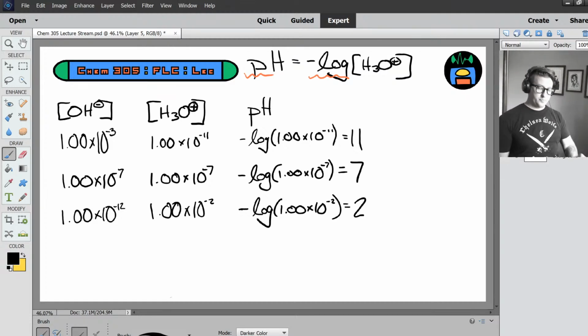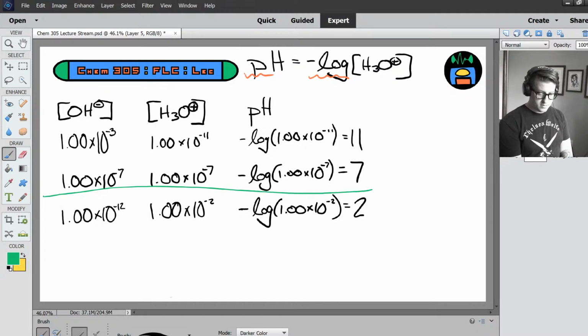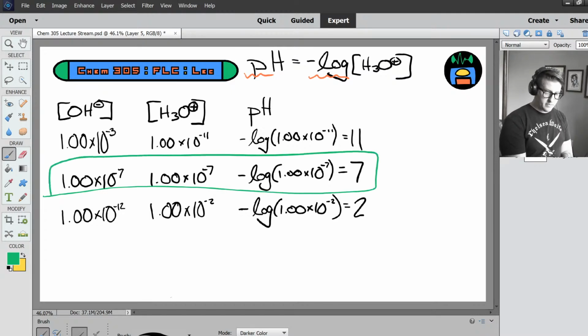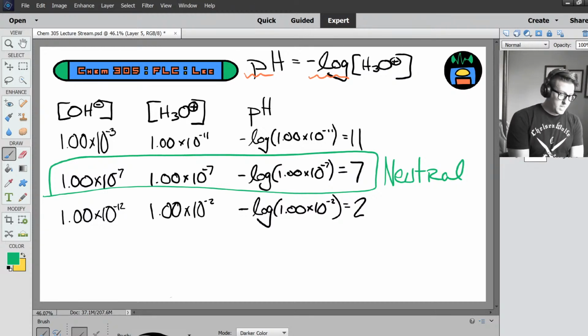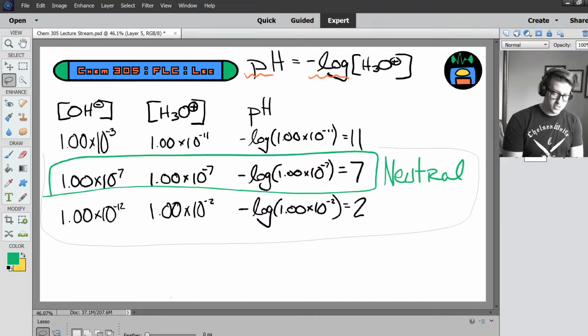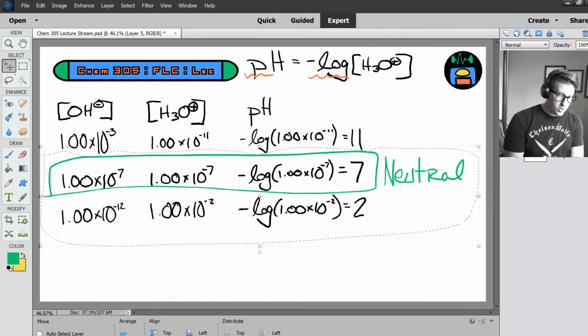All right, now I want you to notice something. For this one, the example in the middle, this was our neutral solution. There's the same amount of acid and base present in this solution, and it has a pH of 7. That will be true for all neutral solutions.